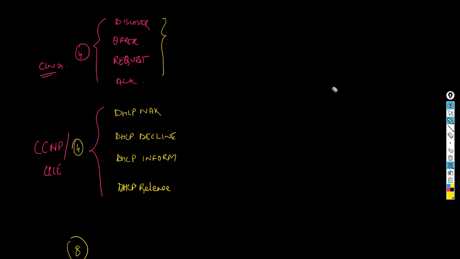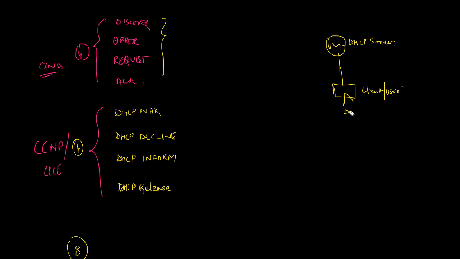Let's say I have a computer who acts as a client or a user, and this is connected to a DHCP server. As soon as you power on, the client has two ways to configure the TCP/IP stack. One is called dynamic or DHCP, the other is called static.